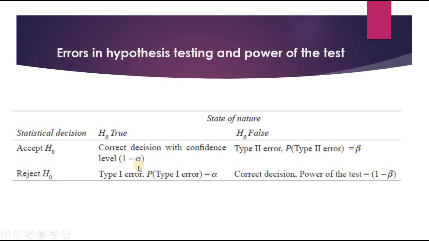The type 1 error is alpha, and the type 2 error is beta, and the power of the test would be 1 minus beta.